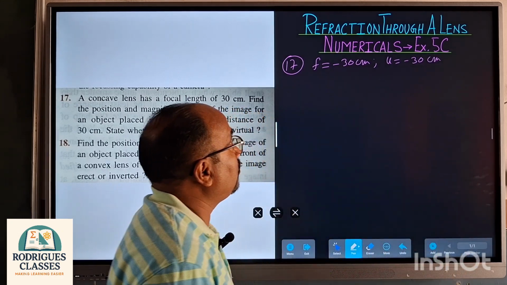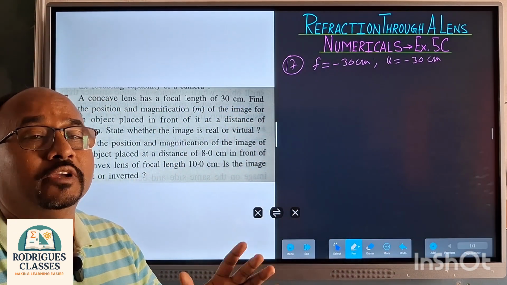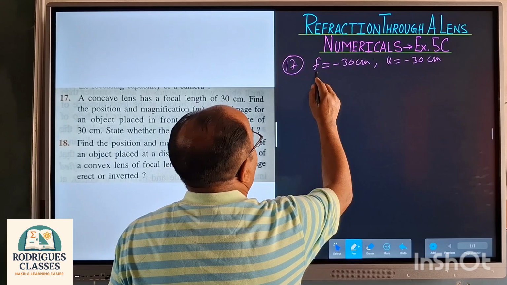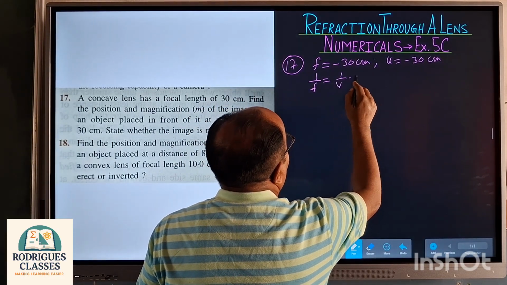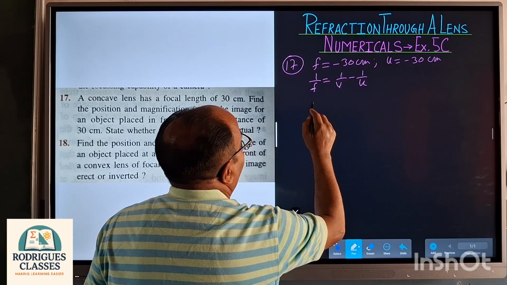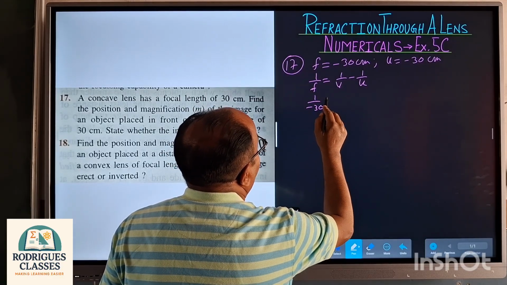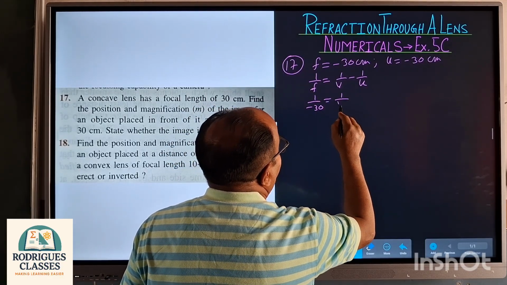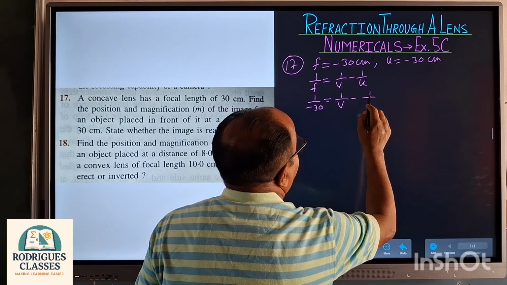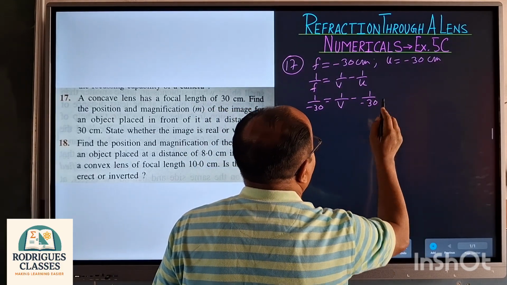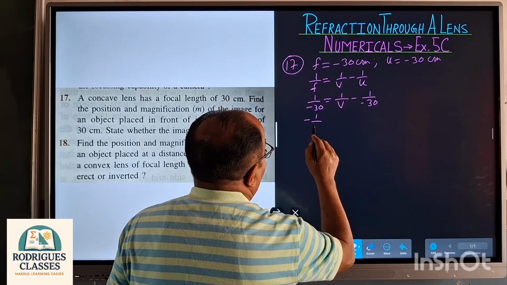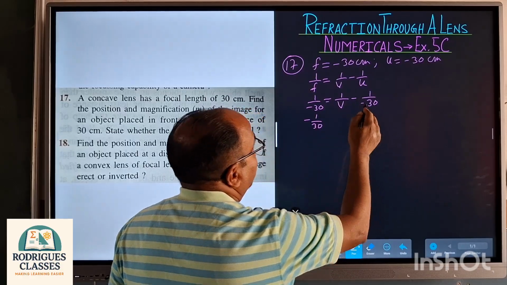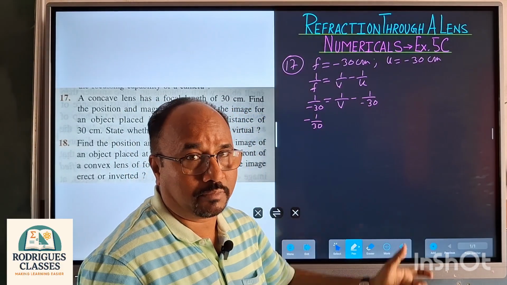So we know now F and U, and we will find V by using the focal length formula. 1 by minus 30 is equal to 1 by V minus 1 by minus 30. So minus minus becomes plus.